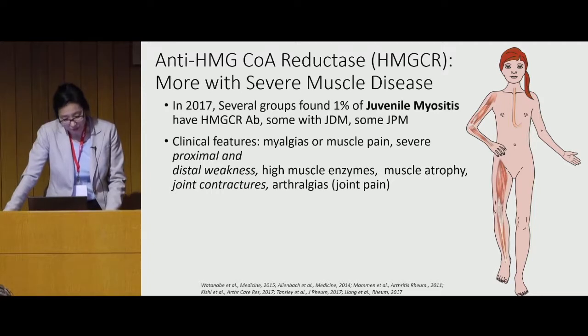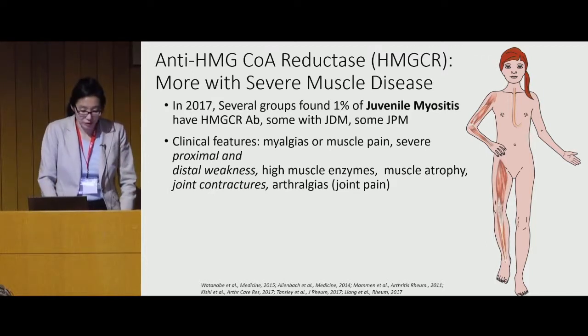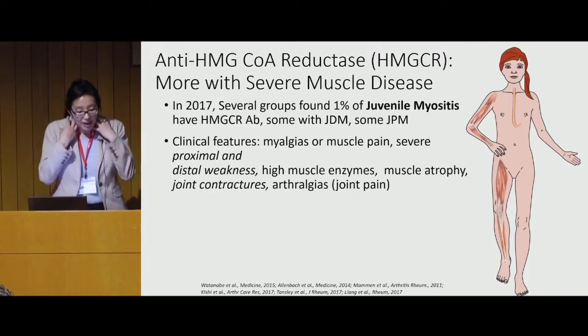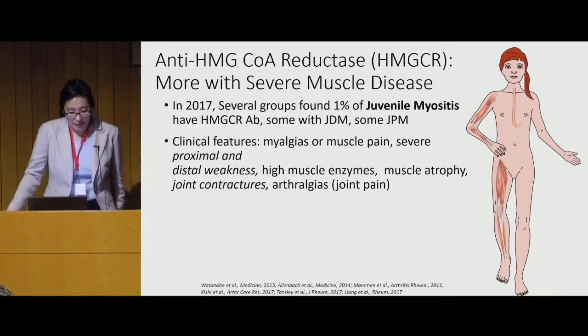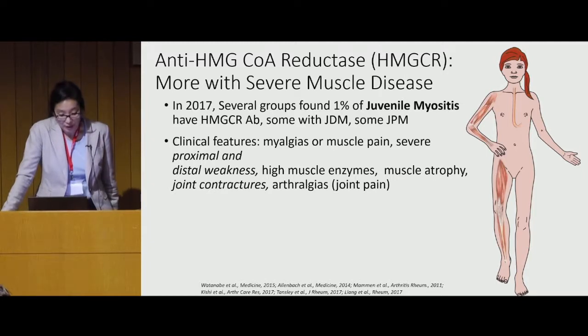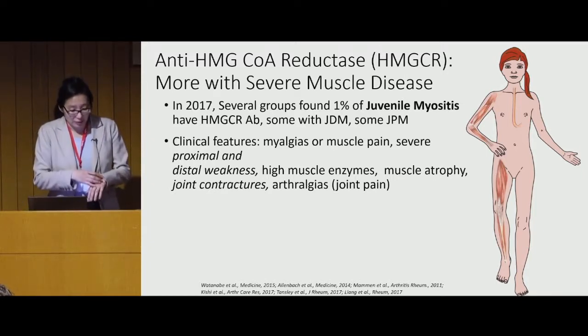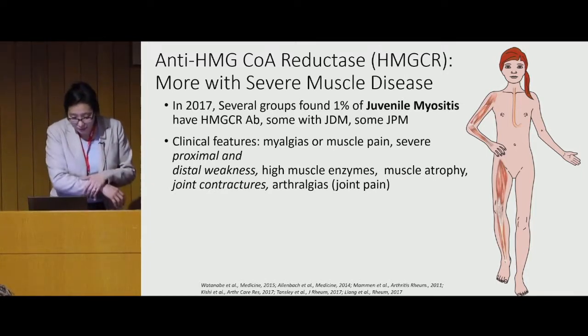And notably with juvenile myositis or myositis in general, it tends to be more proximal, like in the muscles that are closer to the core, like thighs close to the hips and like your neck and your shoulders close to your core body. But with this type of antibody group, you would also see distal weakness, which means involving muscles that are further away from the core.